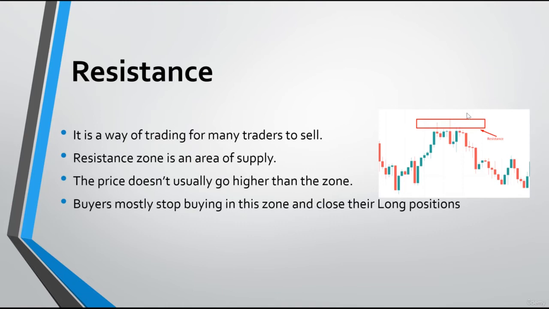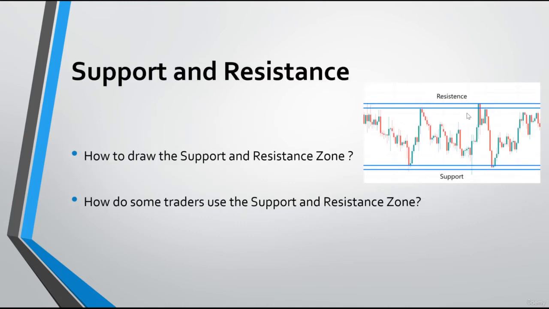But we have two questions which you might ask, and I'm going to explain them. The first is how to draw support and resistance zones. You can see here that we have this area where people who have bought stop buying, and many people start selling.